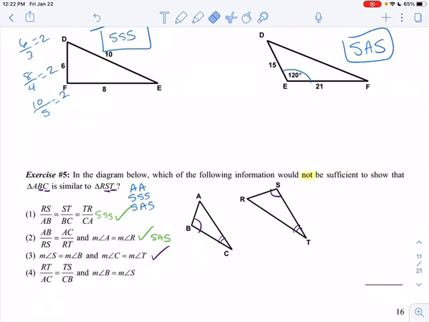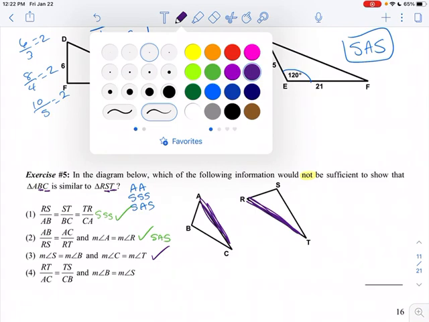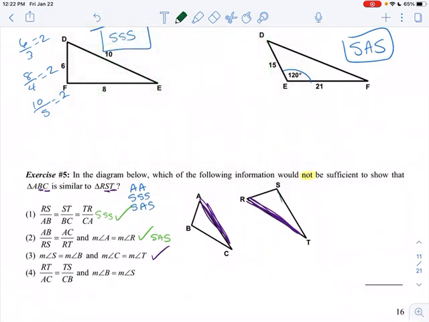The last one, though, is saying that RT over AC, so RT, which is okay, over AC, those are corresponding, so far so good. And TS, which is here, does that match up to CB? Yep, it sure does, so that's okay.